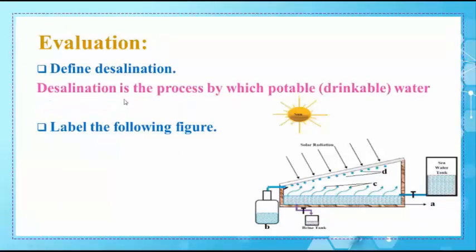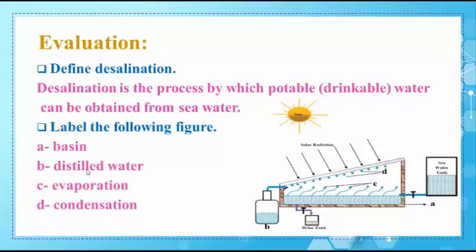Excellent. Desalination is the process by which potable or drinkable water can be obtained from seawater. Label the following figure. Take your time. Excellent. A is the basin, B is distilled water, C is evaporation, and D is condensation.